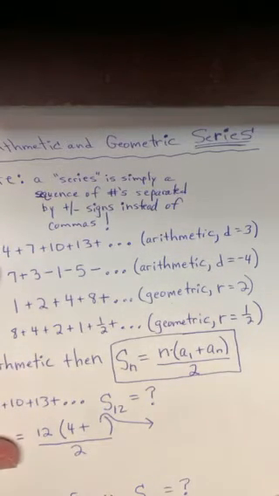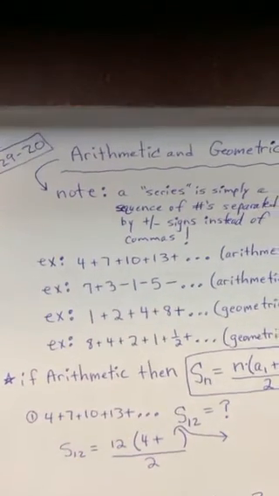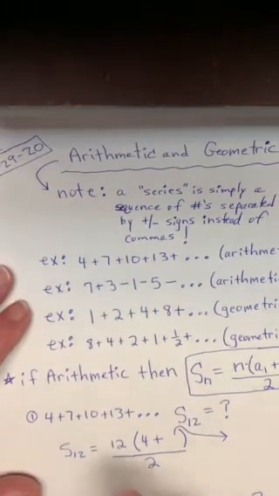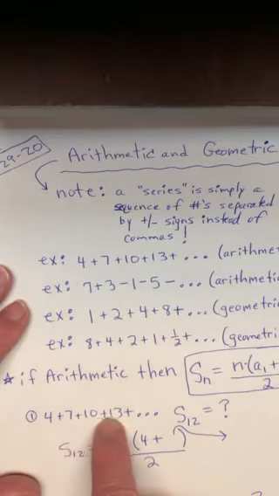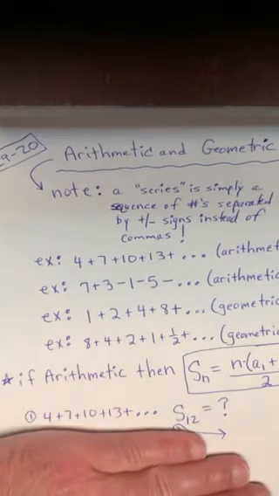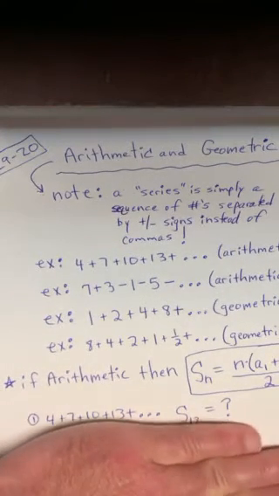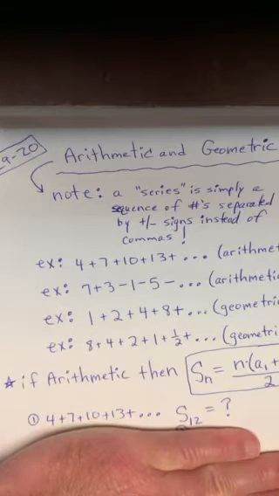Let me prove it to you. Here we go. My first problem that you would be doing. Let's stick with that first series I had, 4 plus 7 plus 10 plus 13 plus ... What if I asked the question, okay guys, write this one down, S sub 12 equals question mark? I didn't say what are the next 3 numbers.